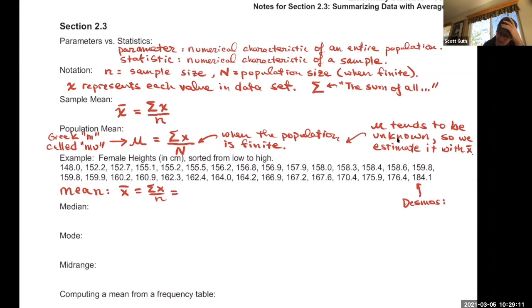I want you to store these values in a list called A. So A equals square bracket, and then the list, the whole list, 148, 152.2, with 152.7.